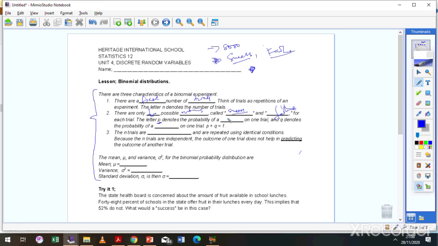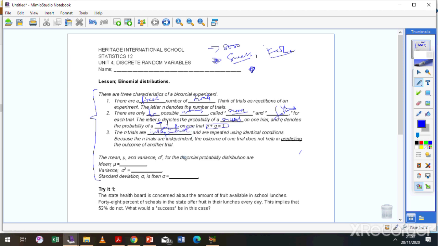The letter P is used to denote a success. It gives you the probability of a success. And the letter Q gives you the probability of a failure. I'm intentionally writing terribly so that you have to use the PowerPoint to check these things. Another interesting factor about a binomial distribution is that P plus Q is always equal to 1. The n trials are independent. This is important.